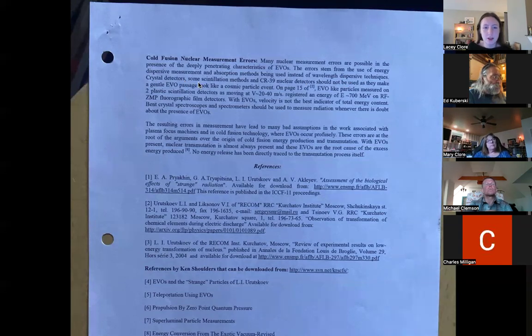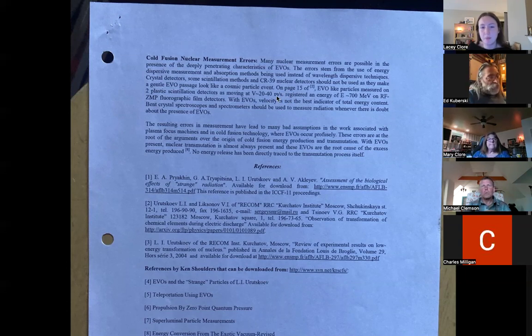Crystal detectors, some scintillation methods, and CR39 nuclear detectors should not be used as they make a gentle EVO passage look like a cosmic particle event. On page 15 of 2, EVO-like particles measured on 2 plastic scintillation detectors as moving at V approximately 20-40 milliseconds.